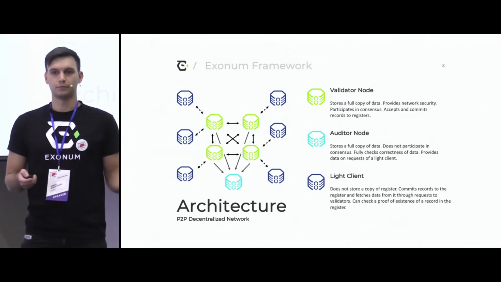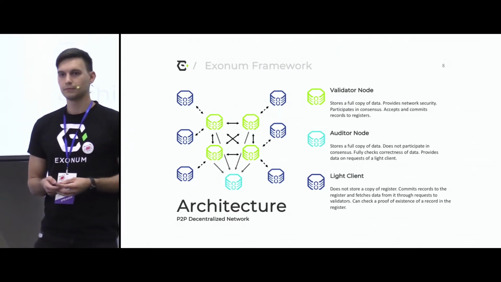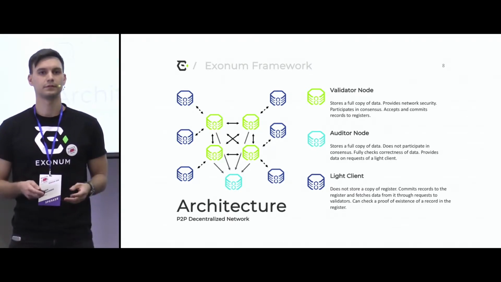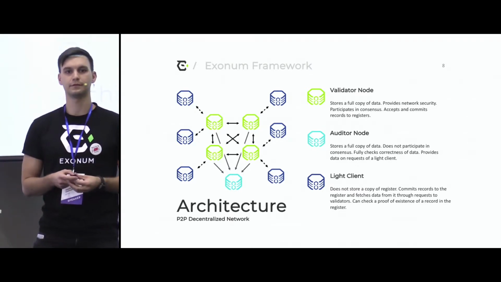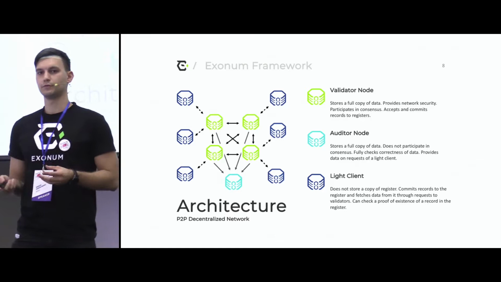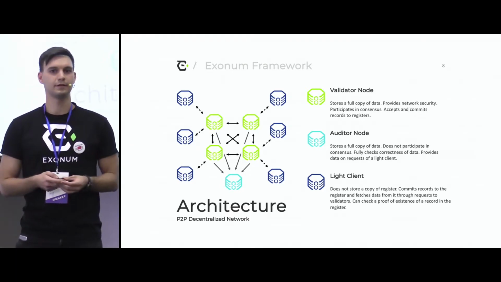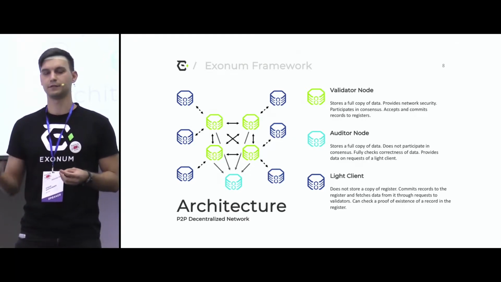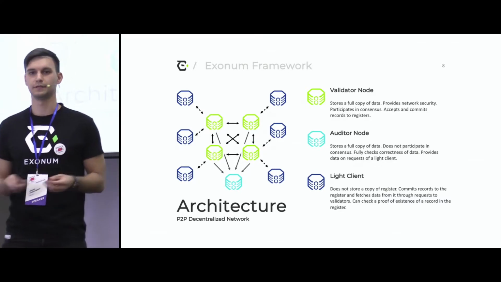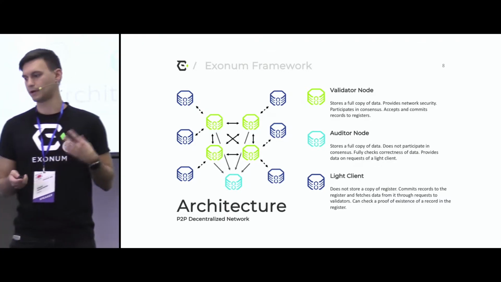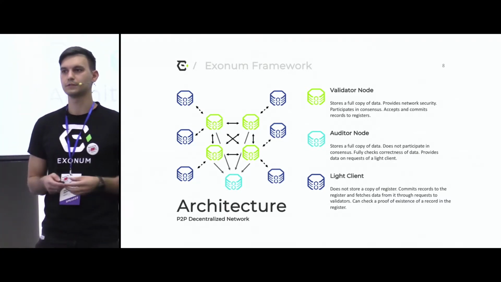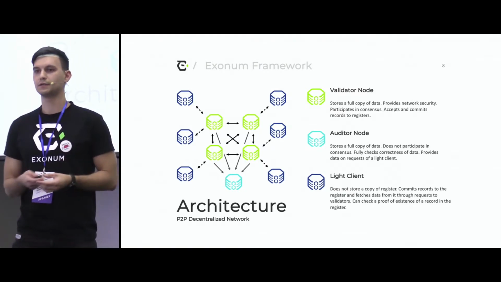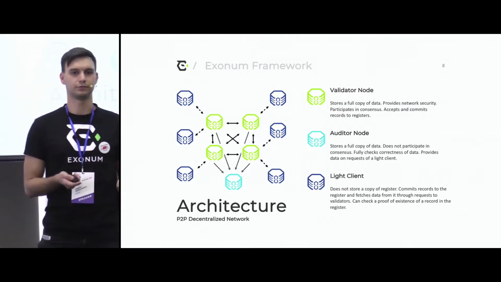Now the role model of our nodes. We have 3 types of nodes. The first is the validator. It's the node that stores the whole copy of the data, and it is involved in the consensus. Also, we have the auditor node. It's not quite the same as the validator, but it's not involved in the consensus.